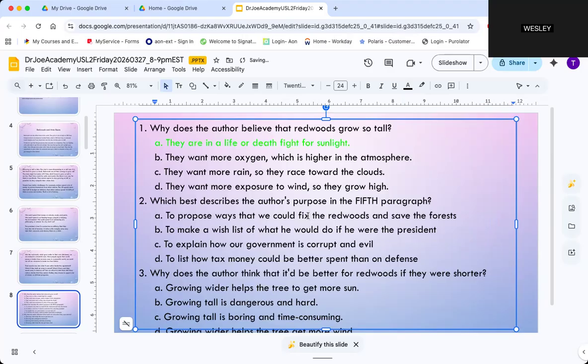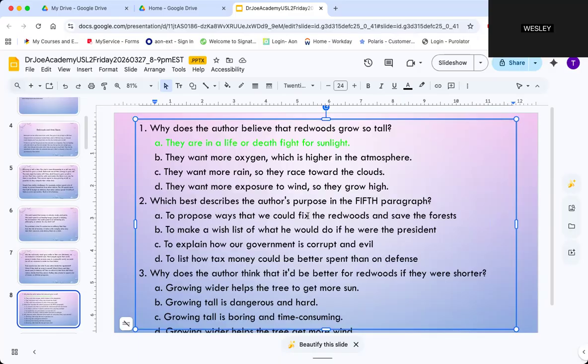Number two, which best describes the author's purpose in the fifth paragraph? Read the options out loud. A. To propose ways that we could fix the redwoods to save the forest.